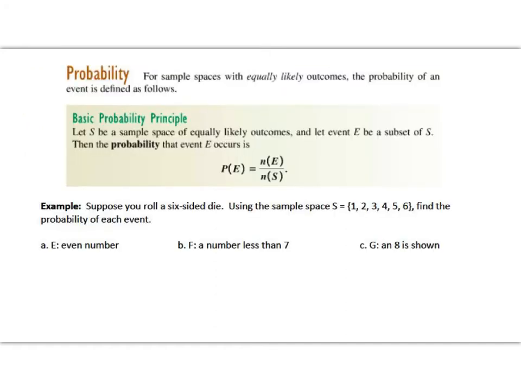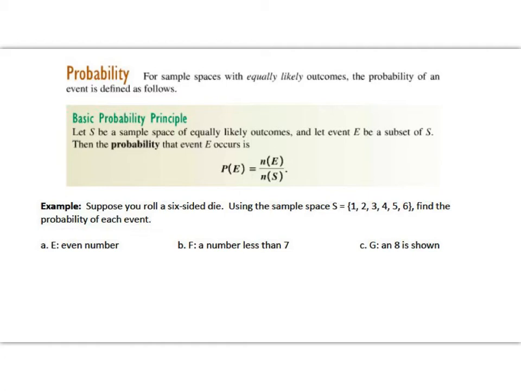Now, we finally get to this idea of probability, and if you're looking at sample spaces that have equally likely outcomes, the probability of an event is defined as follows. So we're going to let S be the sample space and let E be some kind of event, which is a subset of S. Then the probability that the event occurs is the number of times it can occur over the number of items that are in the sample space.